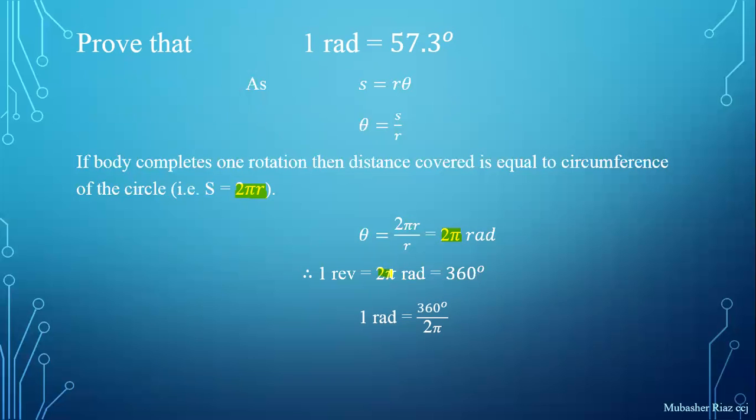If you take this 2 pi to the right side, it will divide. So 1 radian is equal to 360 over 2 pi, where pi is equal to 3.14. Hence 1 radian is equal to 57.3 degree. So this is the relationship between 1 radian equal to 57.3 degree.